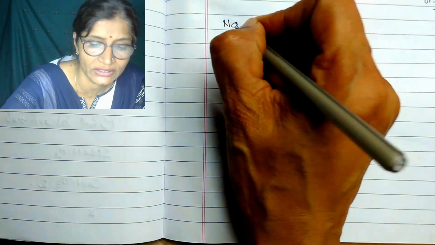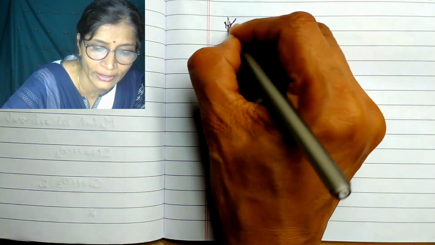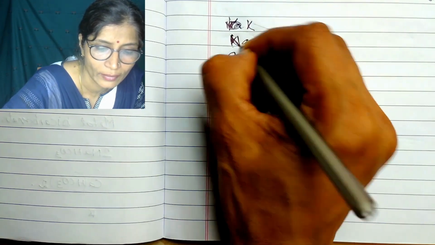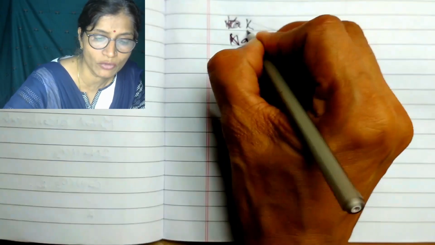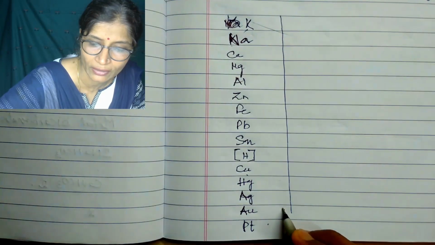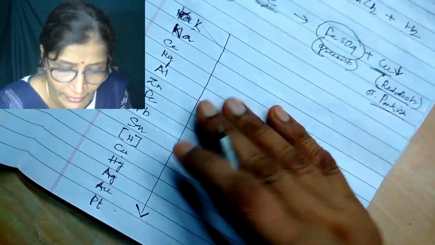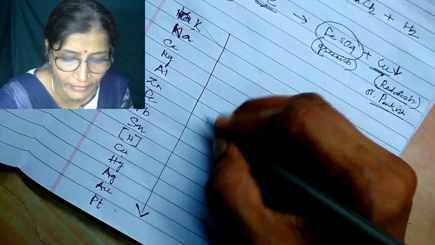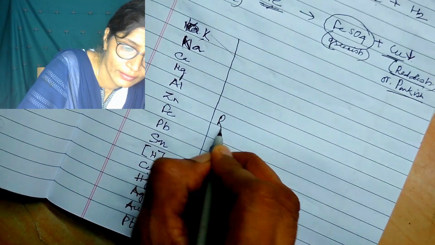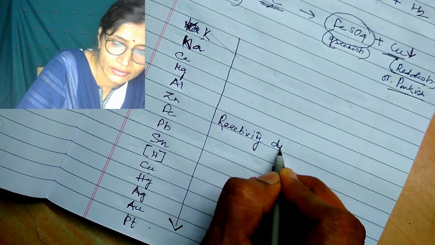In some books you will see sometimes sodium is here, sometimes potassium is here. I think you should write potassium here and sodium here. So this is the most reactive metal and this is the least reactive. In this way, you write here that reactivity decreases.